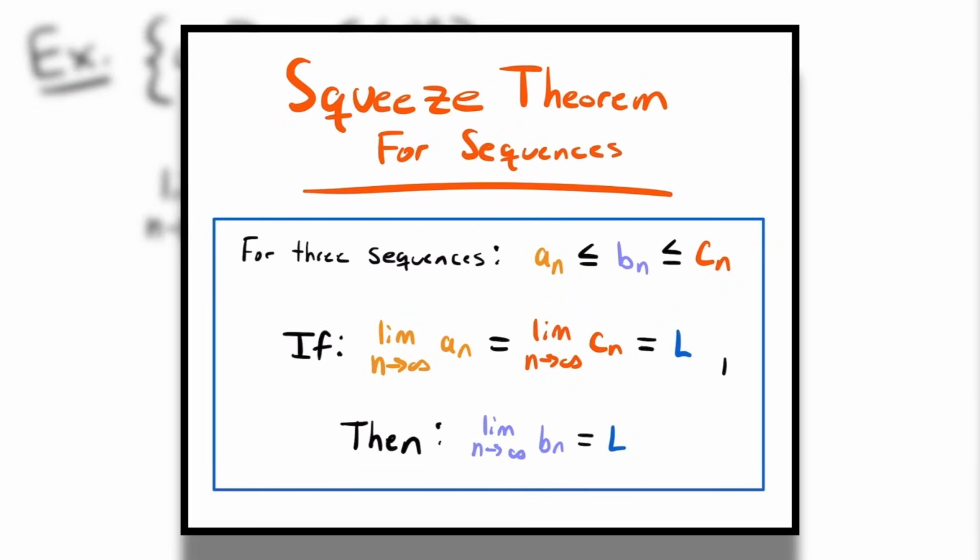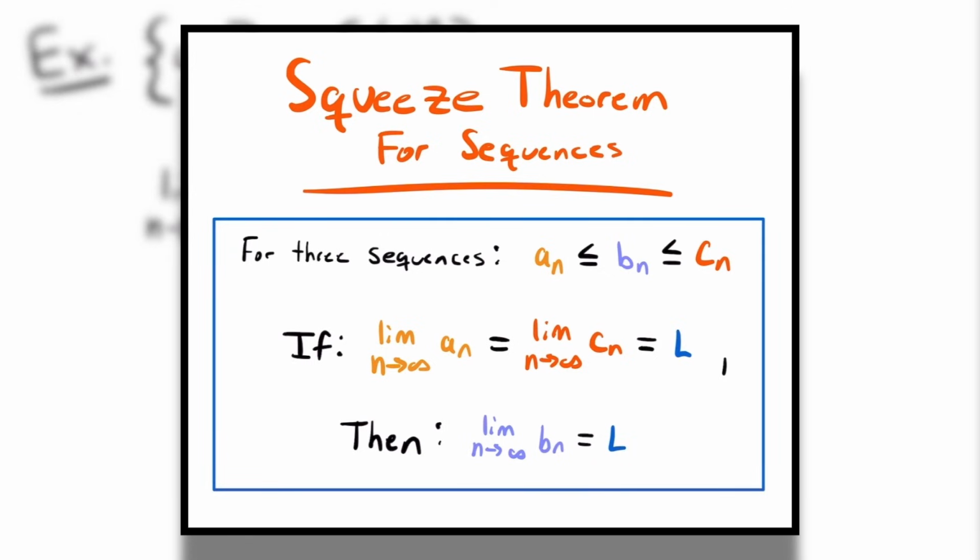The squeeze theorem for sequences says this: if we have three sequences, a sub n, b sub n, and c sub n, where c sub n is greater than or equal to b sub n, and b sub n is greater than or equal to a sub n, then if the limit as n approaches infinity of a sub n is equal to the limit as n approaches infinity of c sub n, and they're both equal to some limit L, then we can conclude that the limit as n approaches infinity of b sub n is also equal to L. So here's what this is saying.